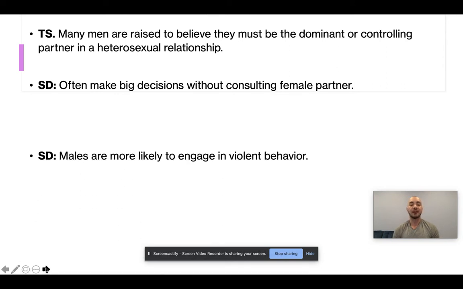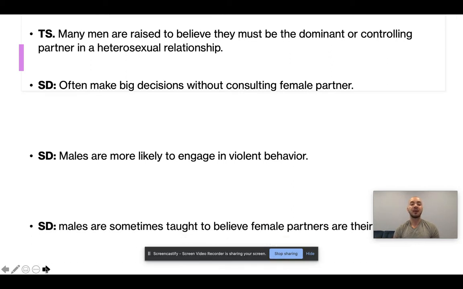Another supporting detail may be that males are more likely to engage in violent behavior. Violent behavior is, of course, another example of dominance or control. And then finally, males are sometimes taught to believe that their female partners are their property. And that is a supporting detail that illustrates the idea of control.